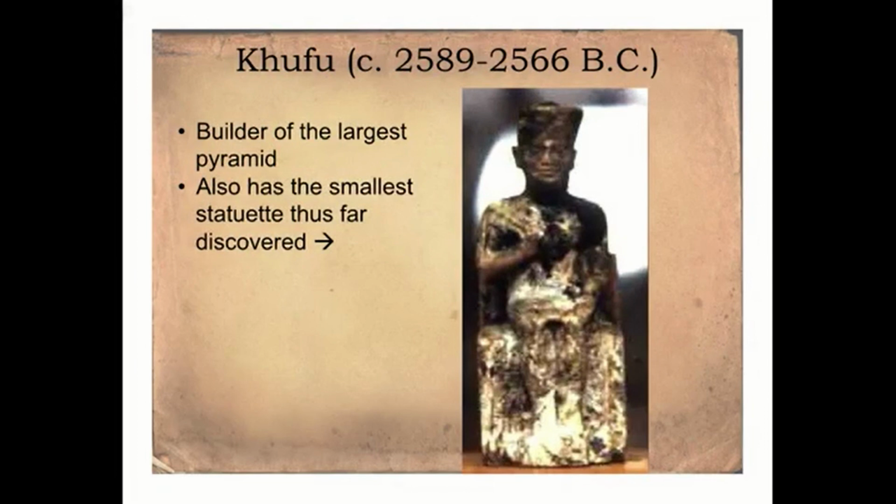So it's kind of funny that you have the biggest pyramid, and then when it comes to your likeness, we have the smallest likeness. These were used for magical purposes more than anything else, so it didn't matter that it was big. But it's also very funny that you have this big giant spectacle of a tomb and then the tiniest statue.